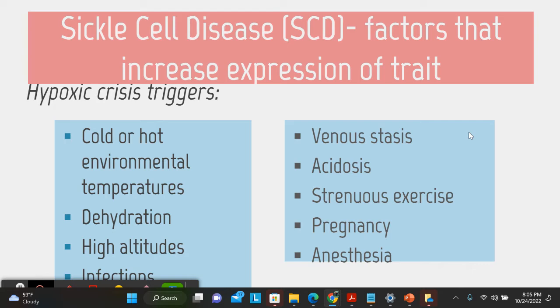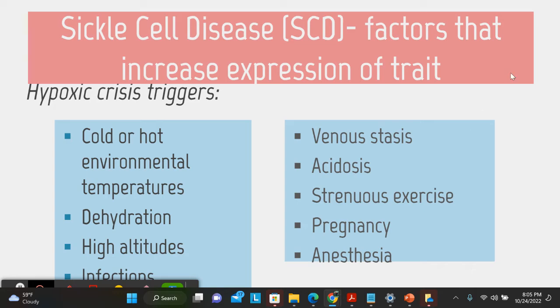Anything that gives you venous stasis, immobility would be a factor. If you have diabetes on top of it and you have some kind of metabolic acidosis or respiratory acidosis, if you have a respiratory event, strenuous exercise, pregnancy is horrible for sickle cell anemia. We've had a few cases of it, and it will precipitate crisis, and then it's difficult and tricky to treat.